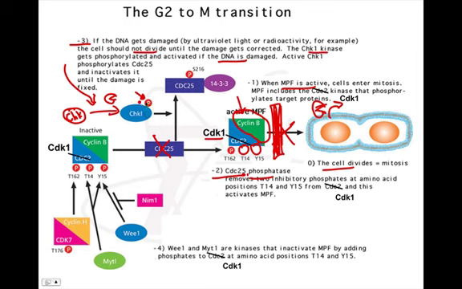So CHEK1 is phosphorylated, it's active, and when CHEK1 is active, it is a kinase that phosphorylates CDC25 and inactivates it until the damage is fixed. So if we want to block entry into mitosis, let's keep CDK1 inactive by inhibiting CDC25 by phosphorylating it.